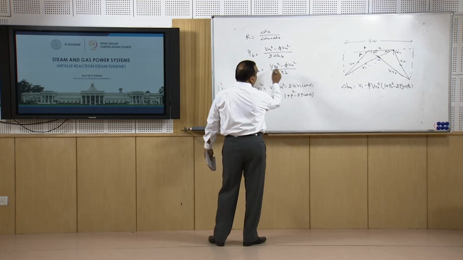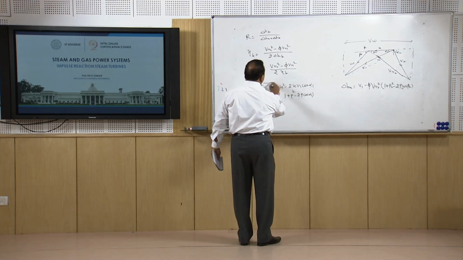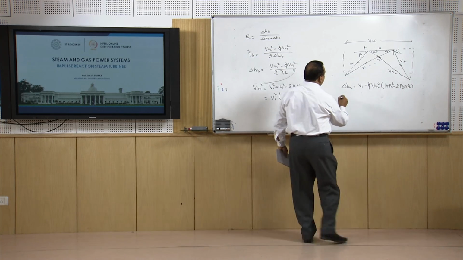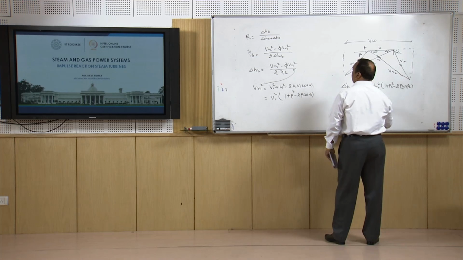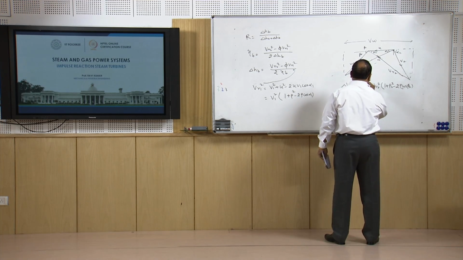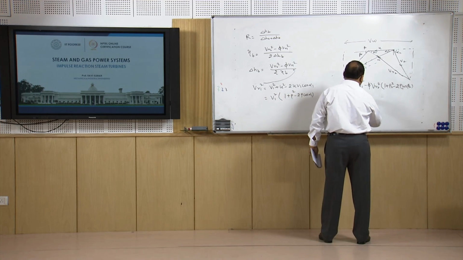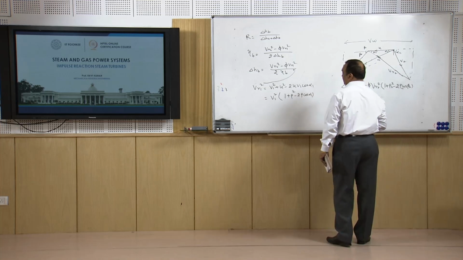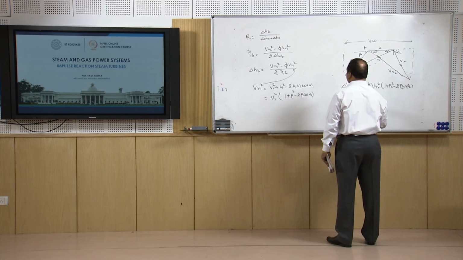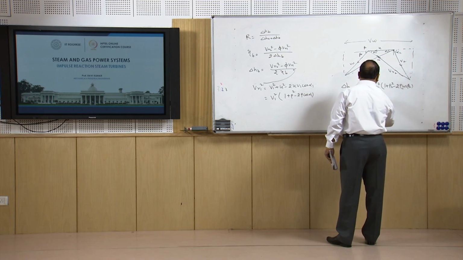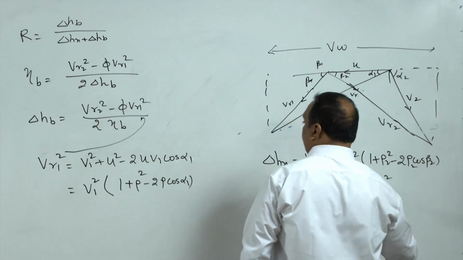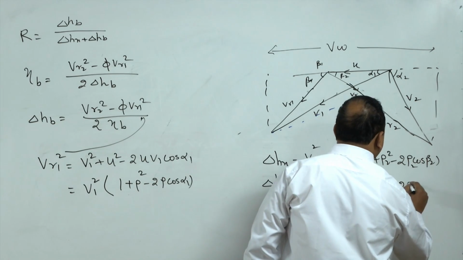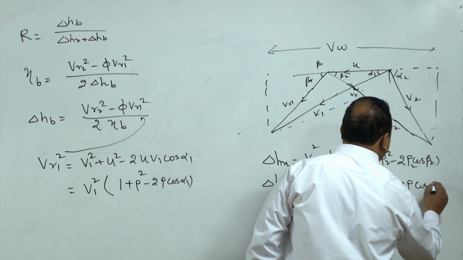Putting this value of VR1 here, we get delta H B as VR2 square minus V1 square times 1 plus rho square minus 2 rho cos alpha 1.